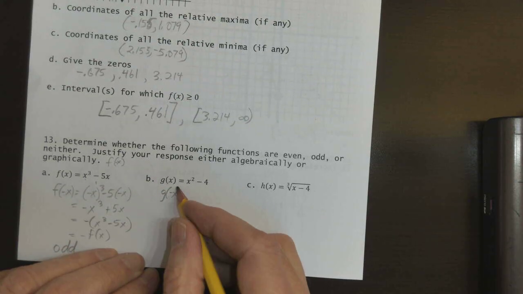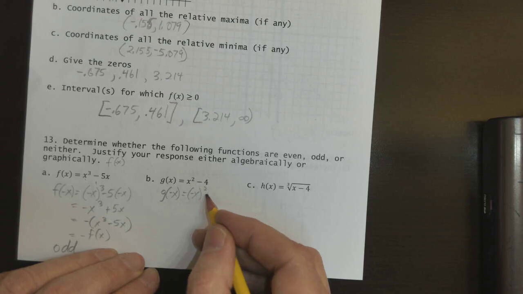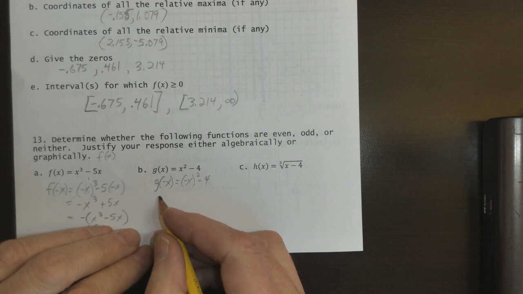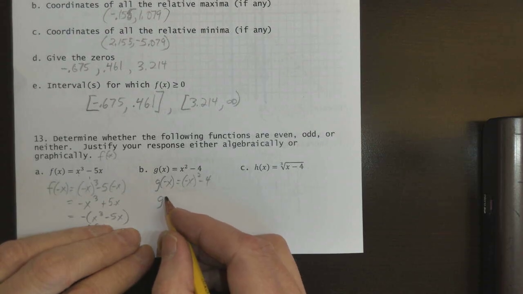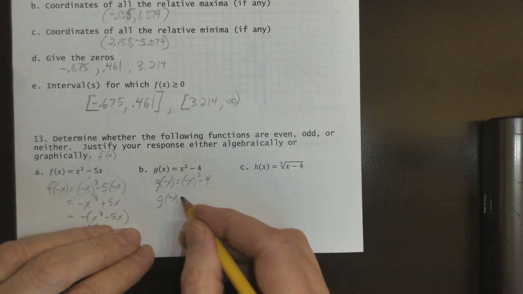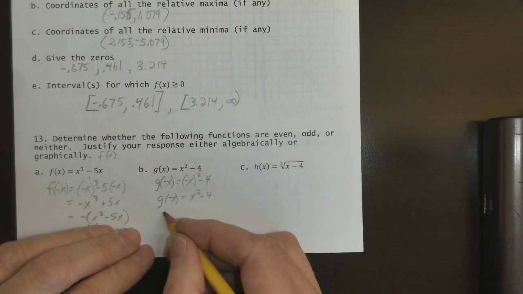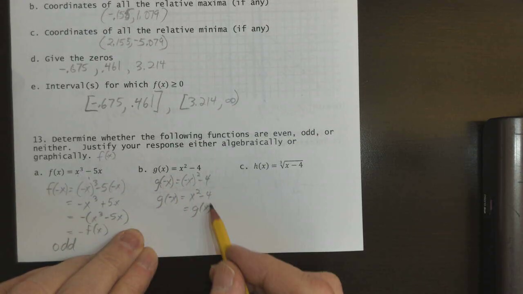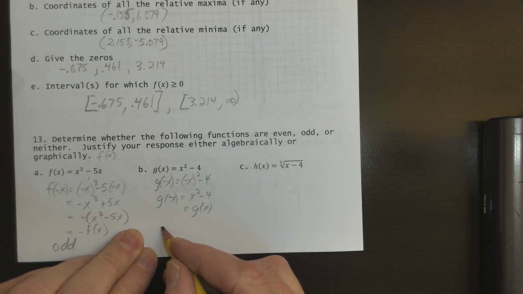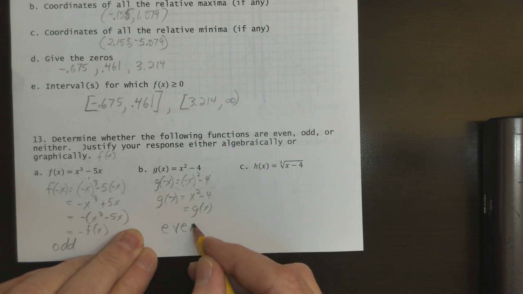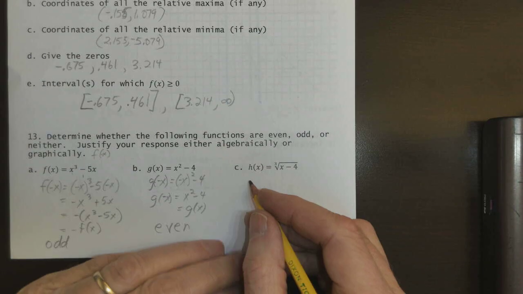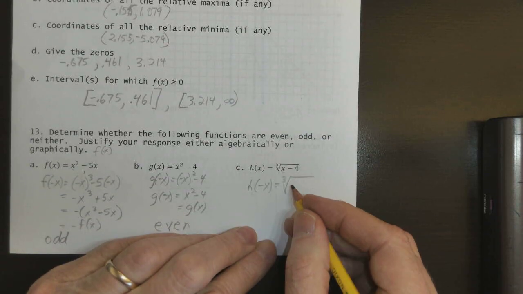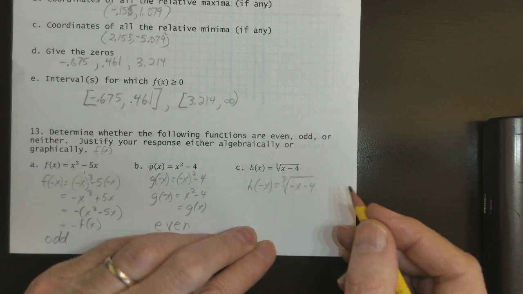Let's do this one, g of negative x. That's negative x squared minus 4, which equals x squared minus 4, which equals g of x. If g of negative x equals g of x, then we are talking an even function. h of negative x is the cube root of negative x minus 4.